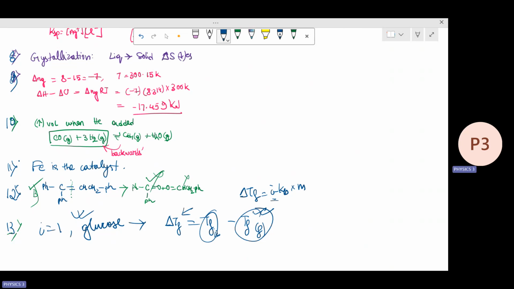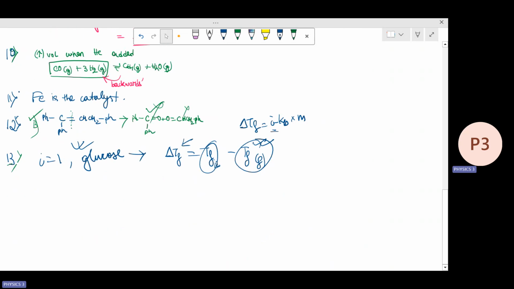The next question they are giving us is for a galvanic cell. This is number 13, and question number 14 at first. Now question number 15. They are asking us about a galvanic cell. In this question, we have to consider the number of electrons.